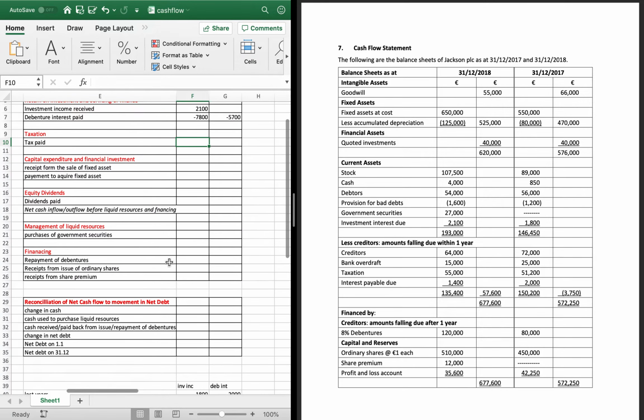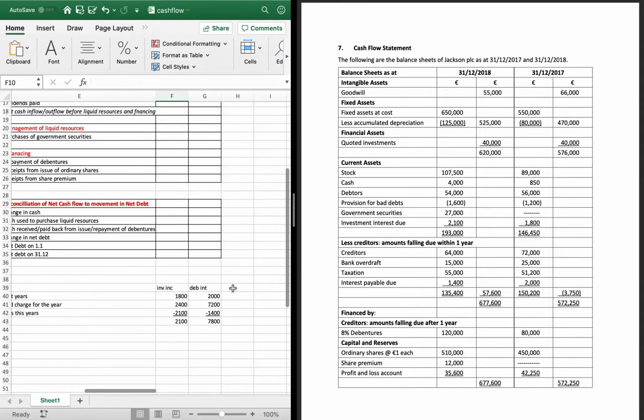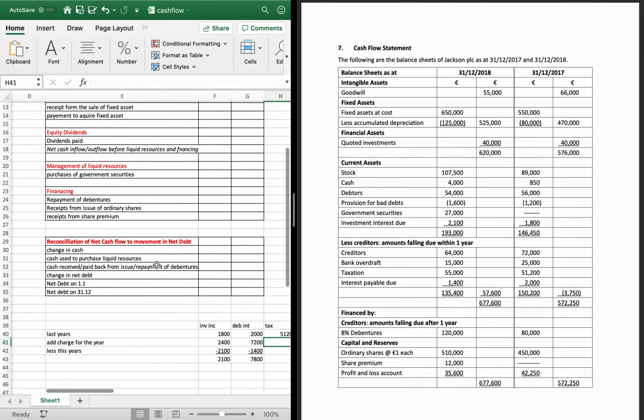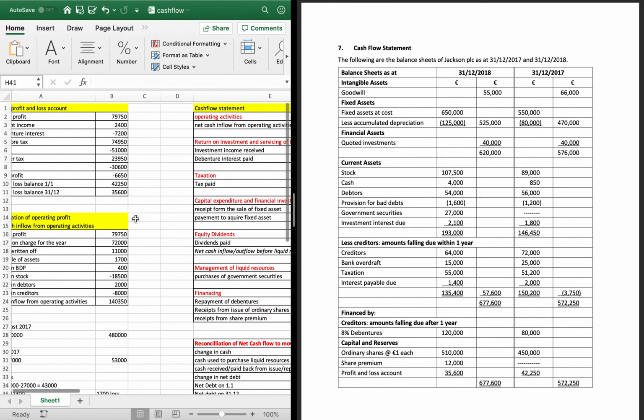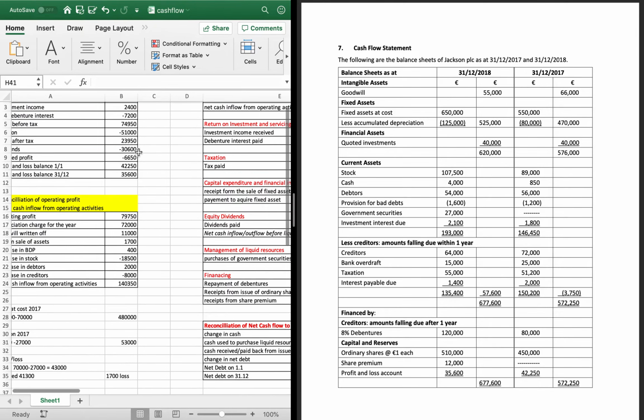Okay, we're going to do the same with tax. So taxation is last year's figure, we owed 51,200. The charge for the year on taxation is 51,000.